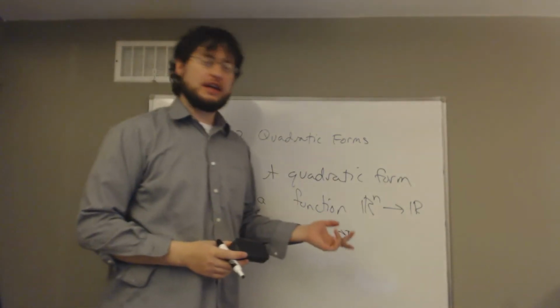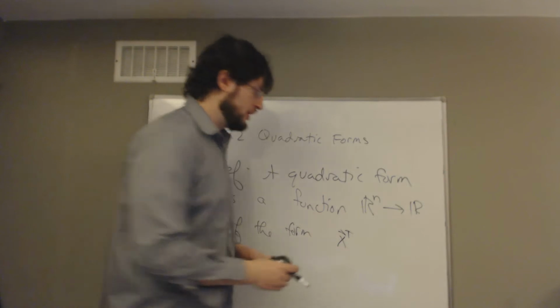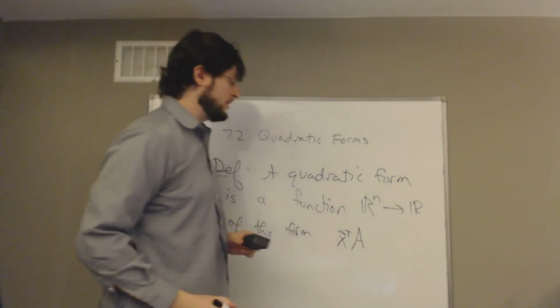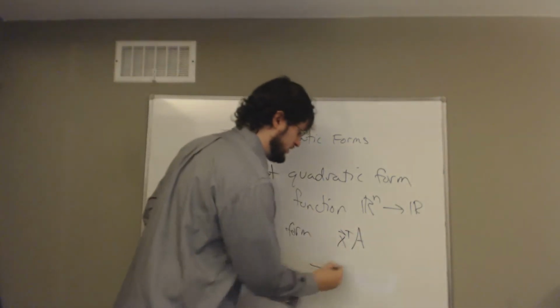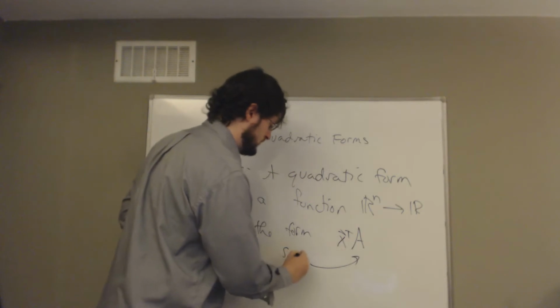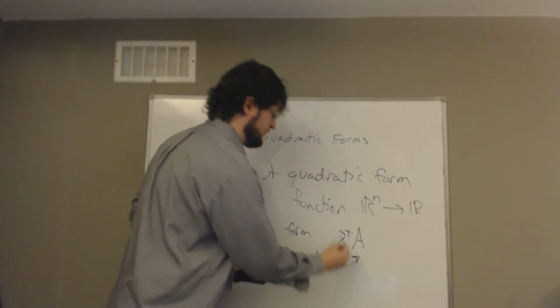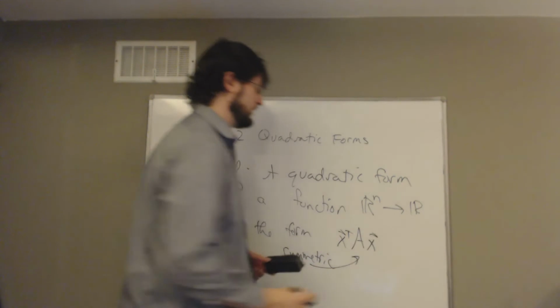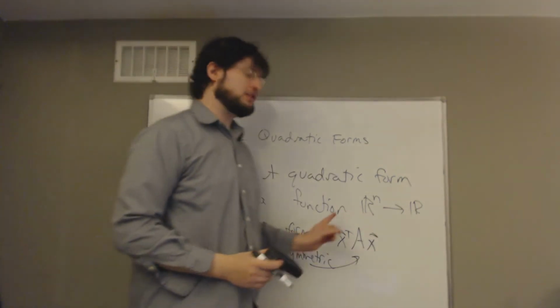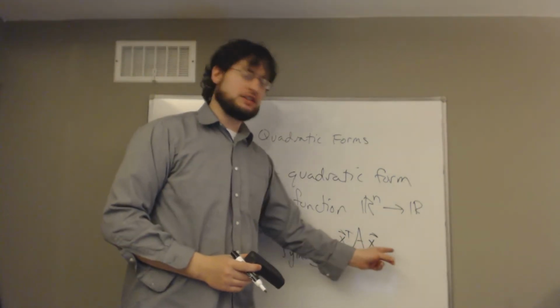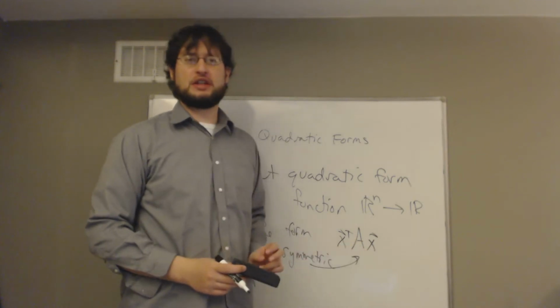So we input the vector x, we multiply by x transpose, then by some symmetric matrix, and then by the vector x again. So this is just like x transpose times x, but we've got some other matrix in the middle.